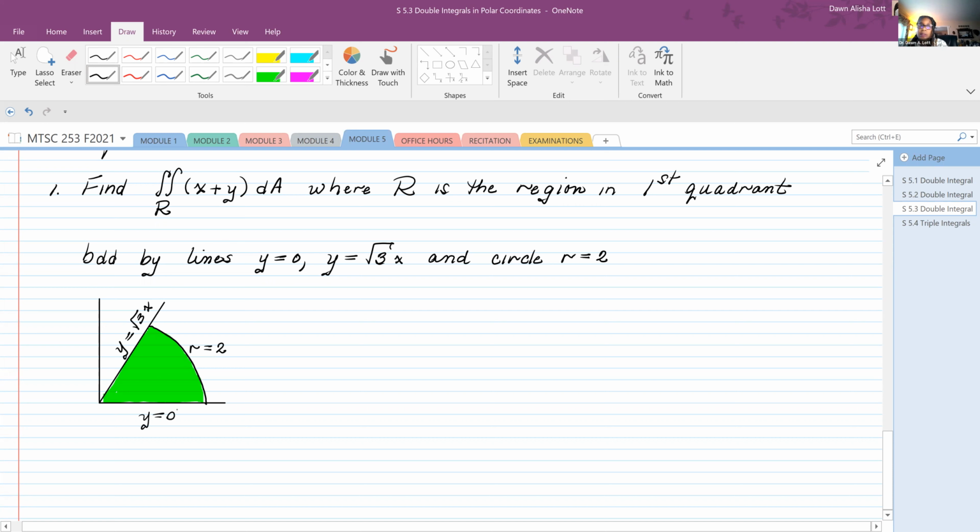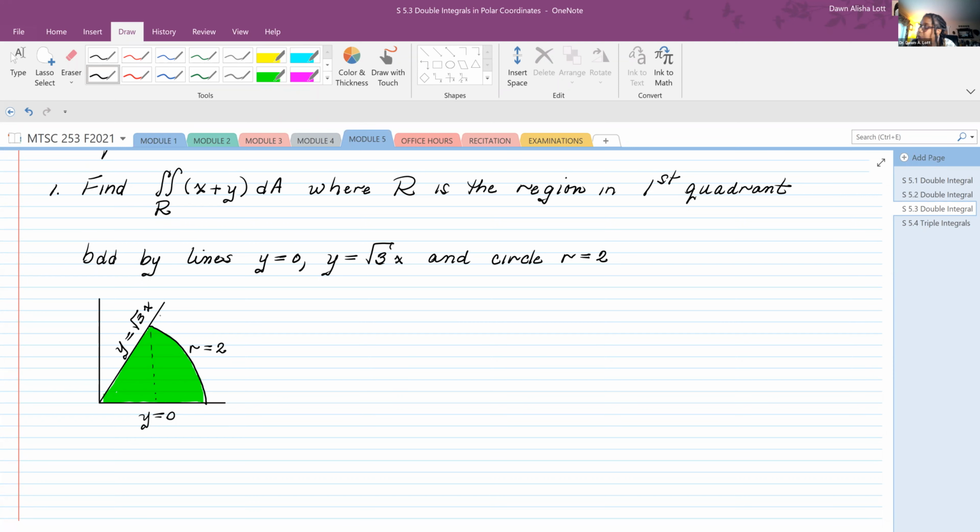I would have to split this up into two intervals. The first one, y would go from 0 to that line, and the second piece, y would go from 0 to that circle. And then we'd have to find where they actually intersect, which is really pretty yucky.